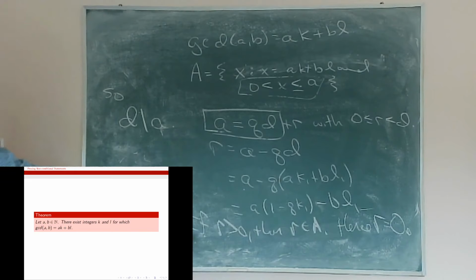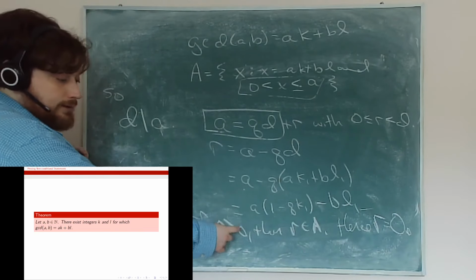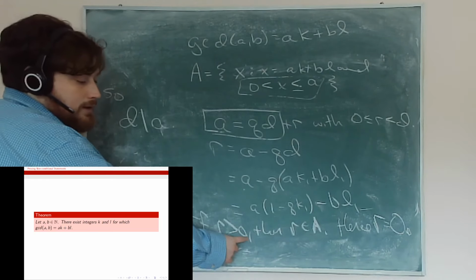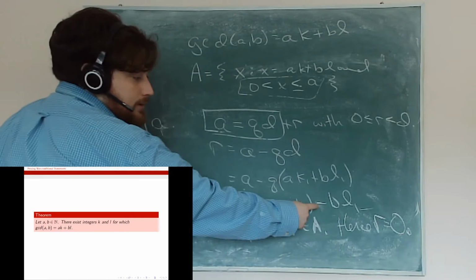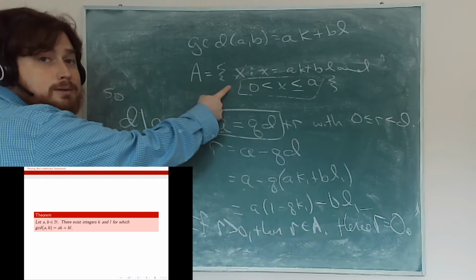Alright, so you want me to go over why r equals 0? Well, the reason why r equals 0 is a proof by contradiction. I said if r was not 0, it had to be bigger than 0. Therefore, if r was bigger than 0, it looks like a times an integer plus b times an integer. Therefore, it would have to be in this set.